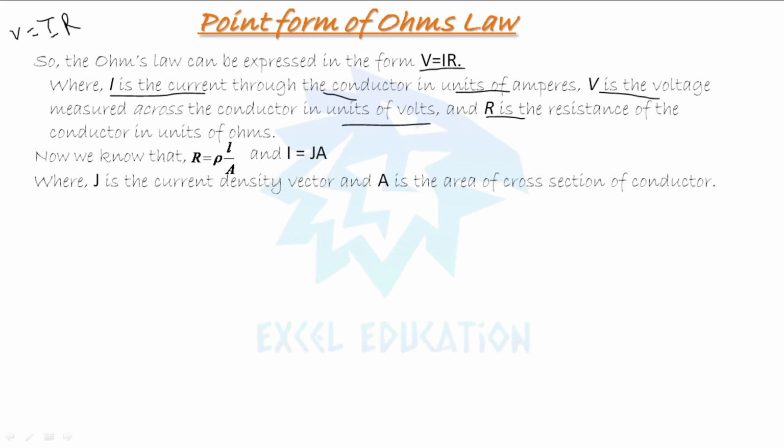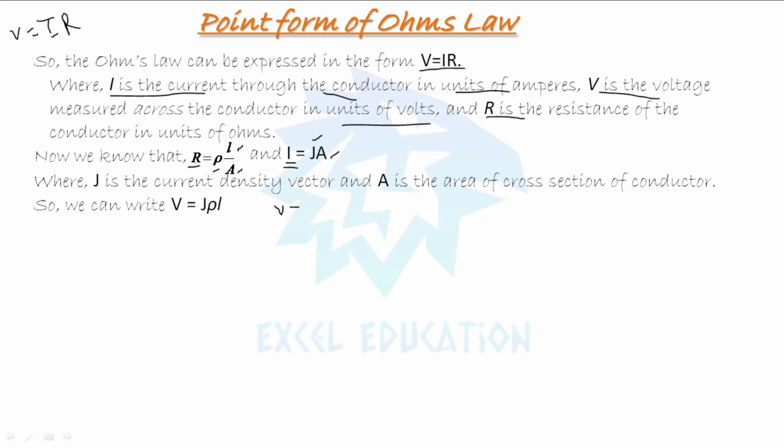R equals rho, the resistivity, into the length of the conductor by the cross-section area of the conductor, and I, the current, equals the current density J and the cross-section area A, where J is the current density vector and A is the area of cross section of the conductor. So by putting the value of R and I, what do we get?